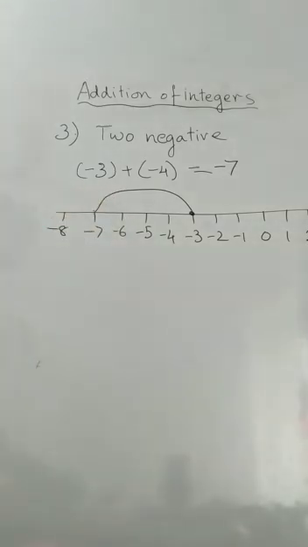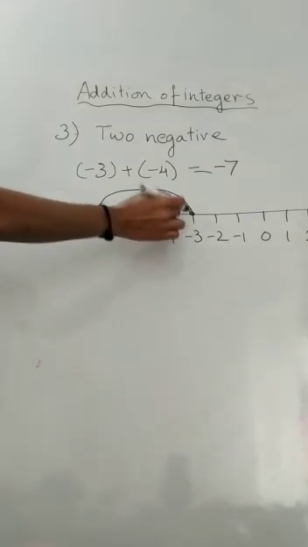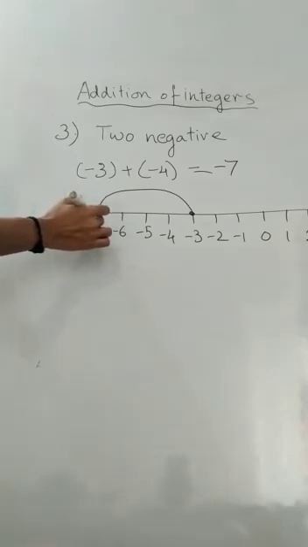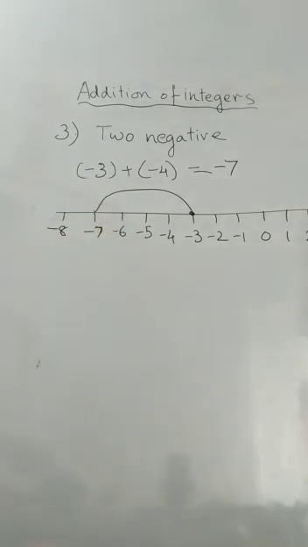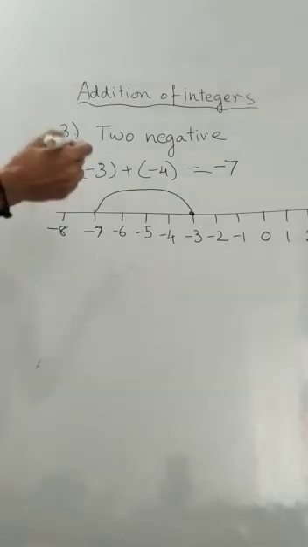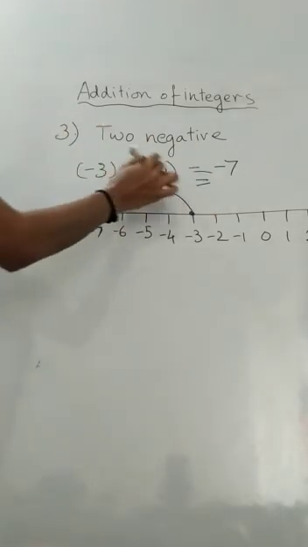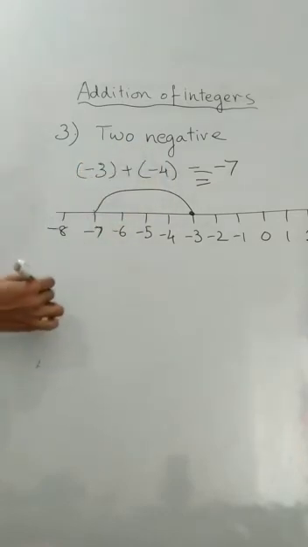Okay. So from -3 it jumps 4 times and it will reach -7. So in the blocks, how will you write? At first the rabbit was at -3 and it jumps how many times? 4 times, and last it reaches -7. That is what you have to write in the block. And if you are doing addition orally, the best way is to just consider the numbers 3 and 4.